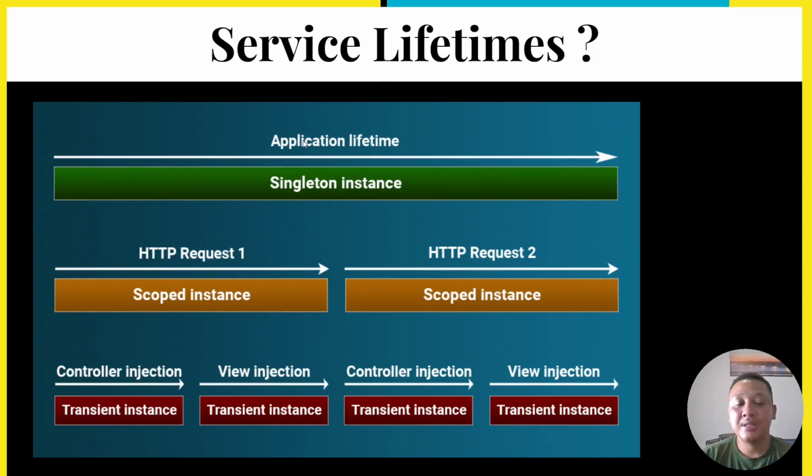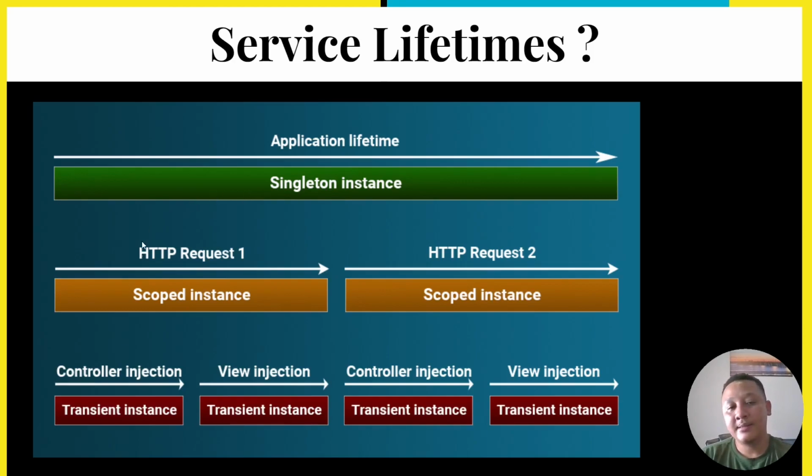Now, these injections happen in three different phases, so we can decide which phase we wish to inject it as throughout the application. If we choose singleton, the singleton pattern says if this does not exist, create it, and if it does exist, simply give us that instance. So throughout the entire life cycle of the application, we'll reuse the same instance.